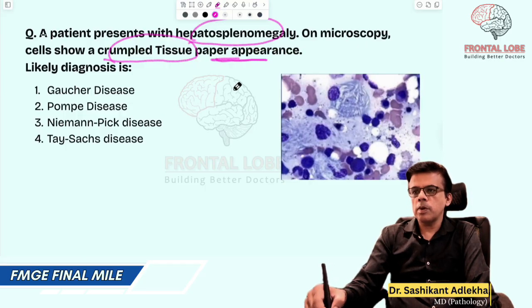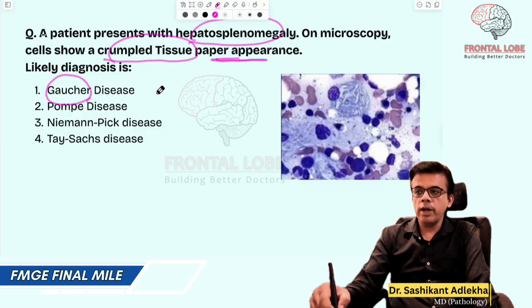Hepatosplenomegaly is a characteristic feature of Gaucher's disease, and apart from that, the crumpled tissue paper appearance, the macrophages showing crumpled tissue paper appearance in bone marrow and in the reticuloendothelial cells. This is the classical feature of Gaucher's disease, and these are Gaucher cells.